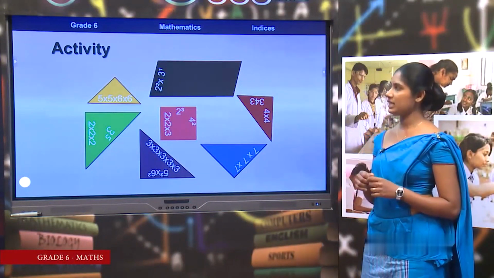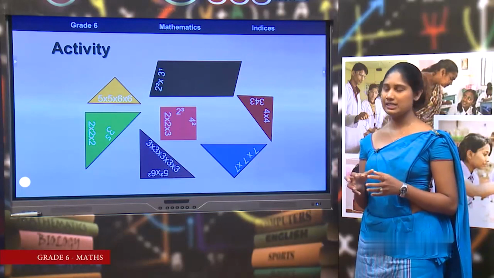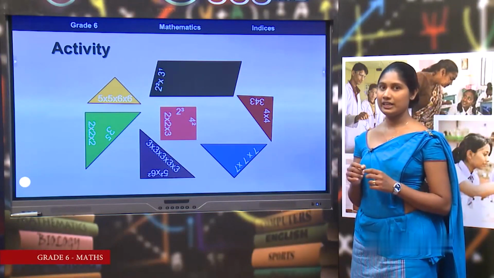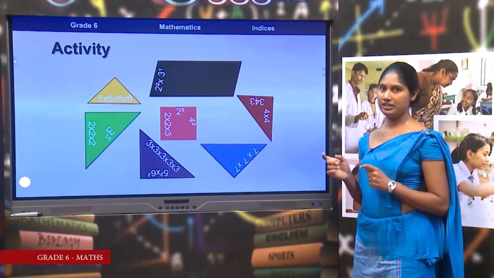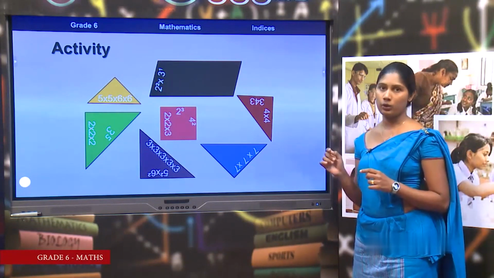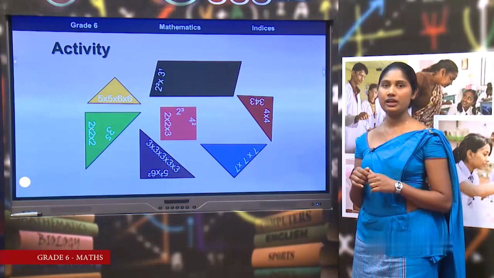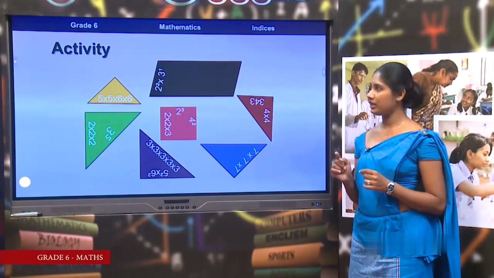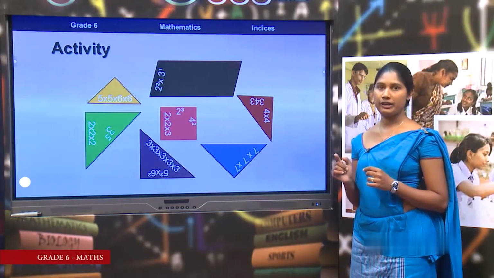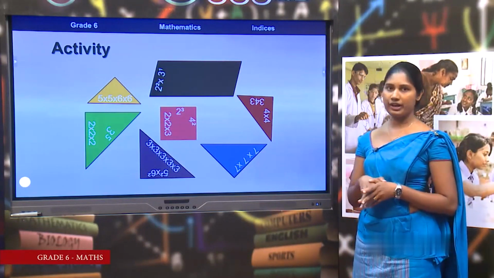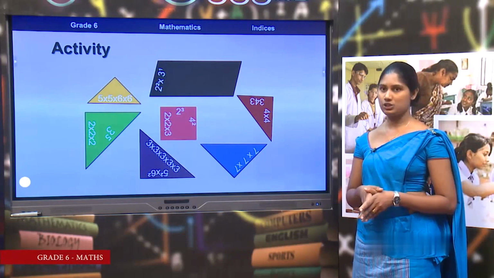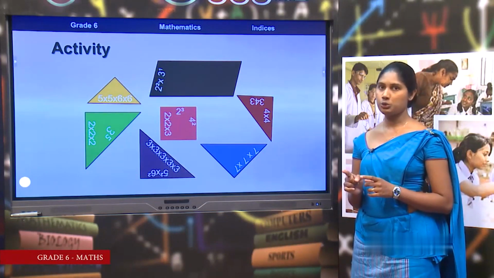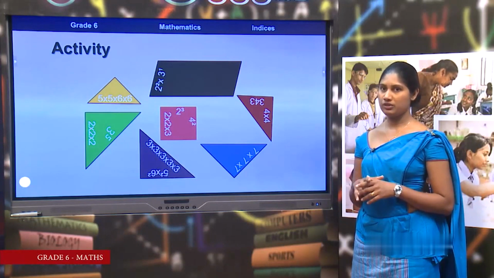Here you can see those are in many colors. Then I am going to take a triangle that is yellow in color. You can see 5 has multiplied again by 5 and another 6 has multiplied by 6. Then you can write using index notation, that is 5 to the power 2 and 6 to the power 2.